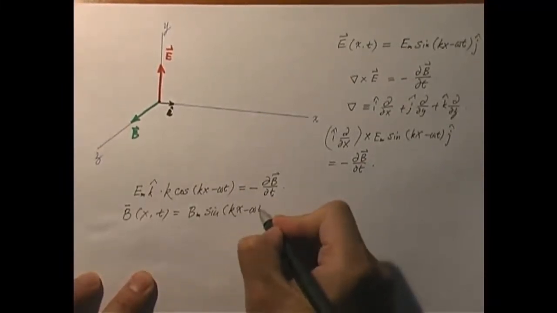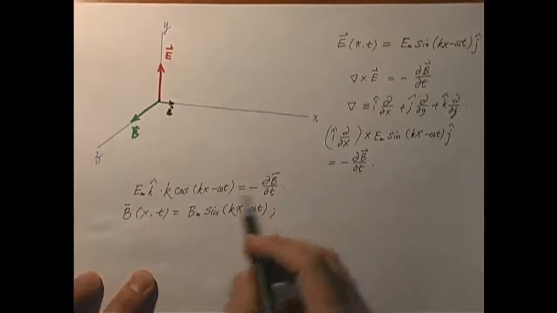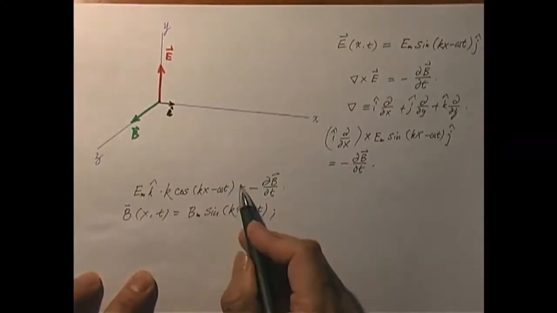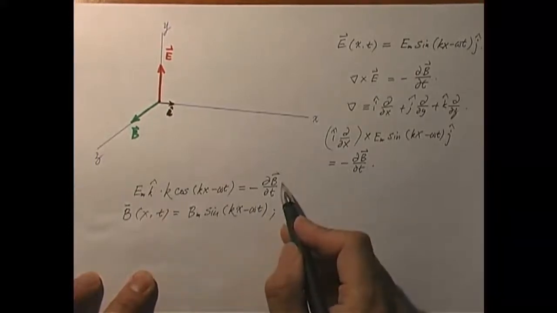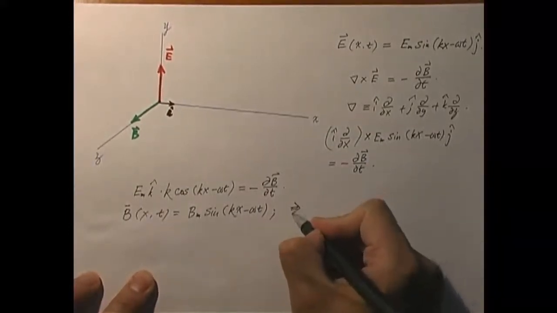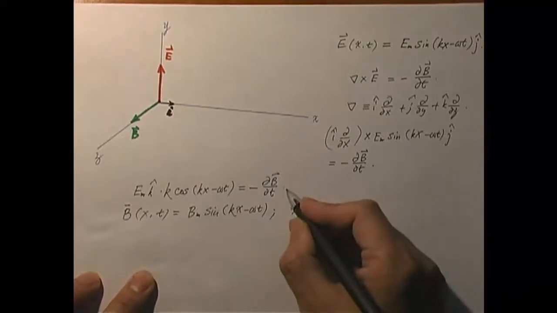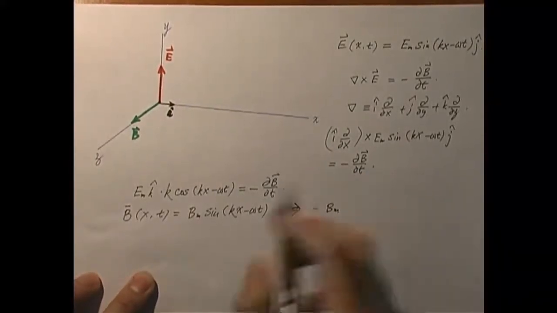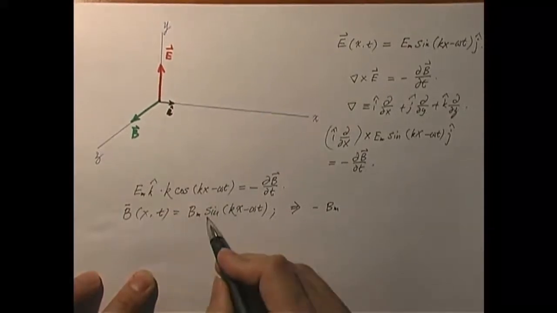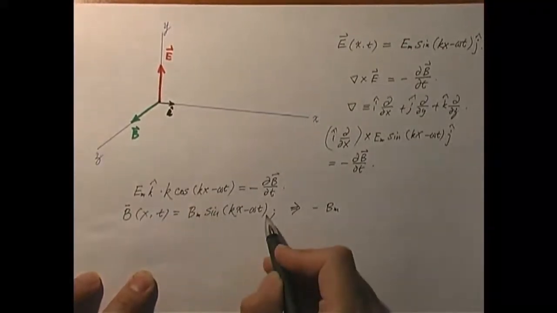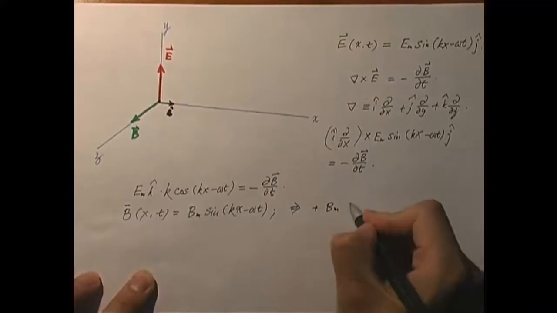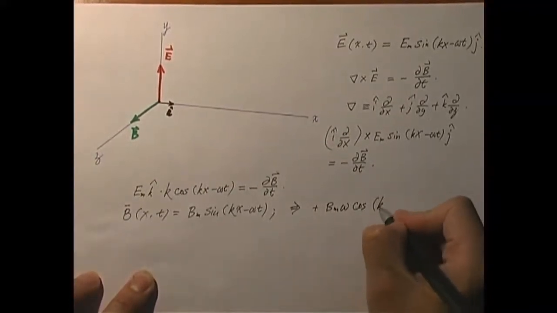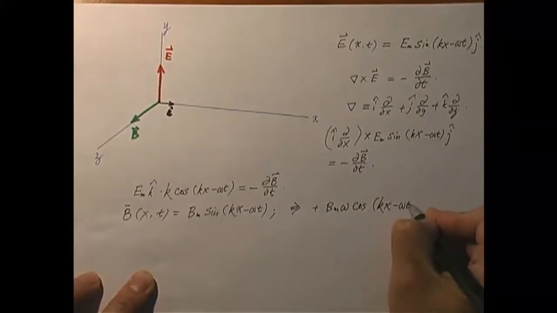As a matter of fact, we can find what B maximum is by plugging this expression for B into here. Then the right hand side is equal to negative B maximum times the time derivative of this function, which gives negative omega, so there's a positive omega, and then cosine kx minus omega t.